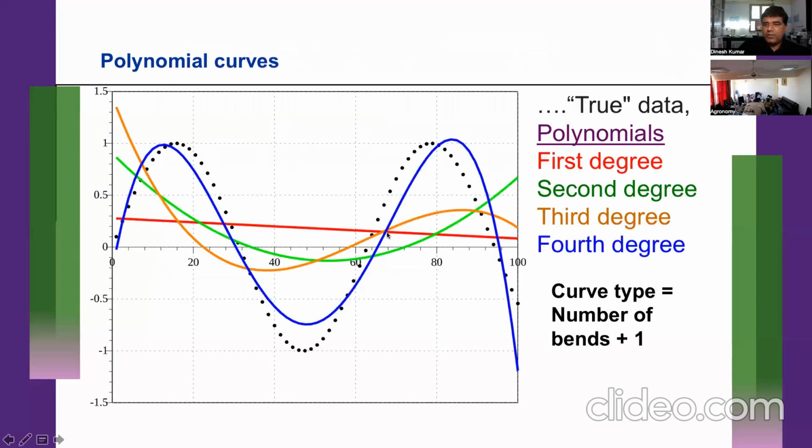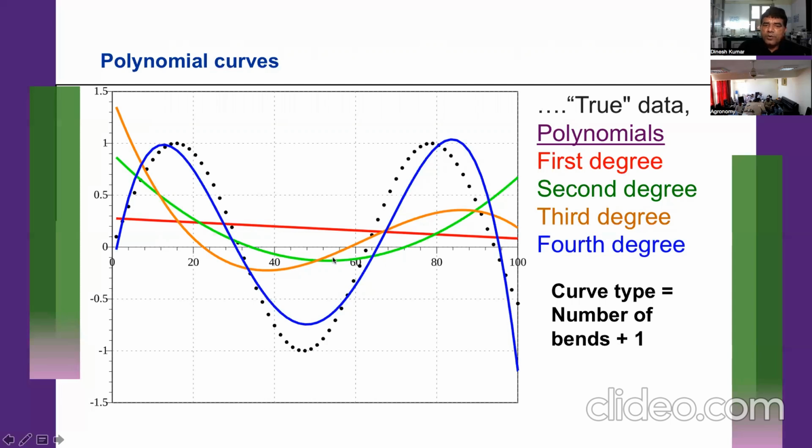What is done here, you can see, polynomial: first degree, second degree, third degree, fourth degree. Here you can say this is your graph paper. In a straight line, the red color you are seeing, it is first degree, so the data points are easy to measure. Then second degree polynomial is quadratic.